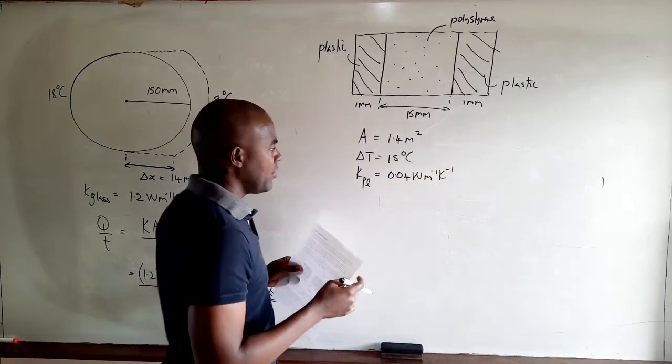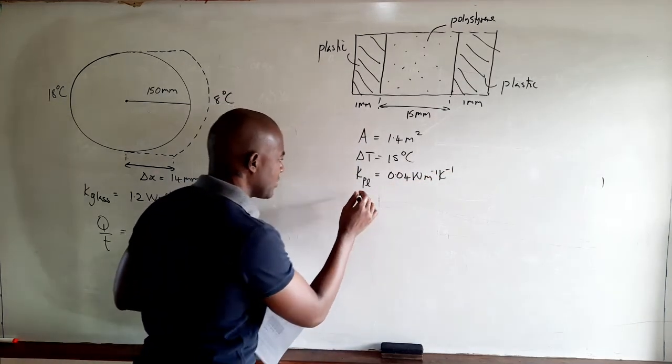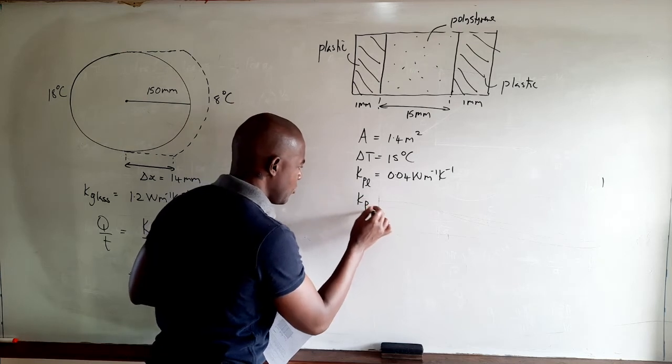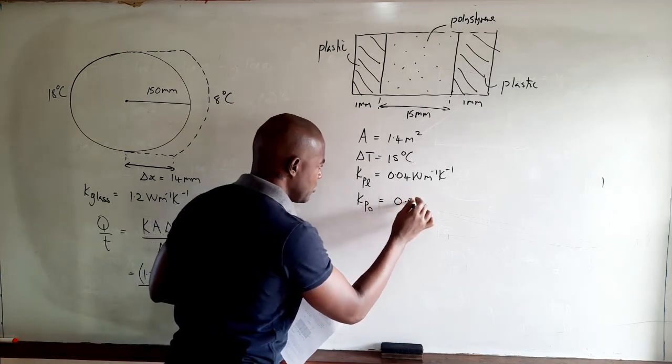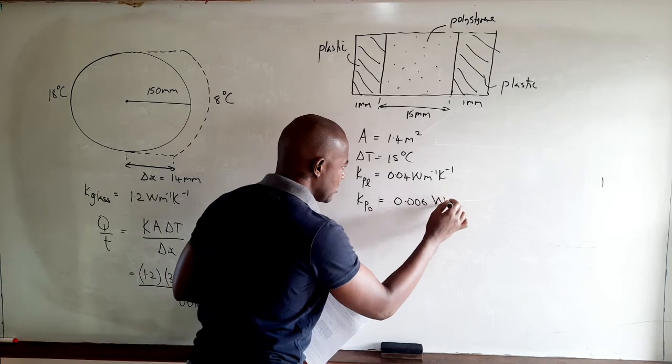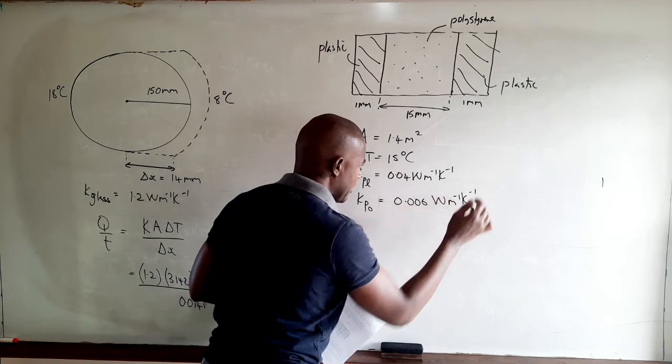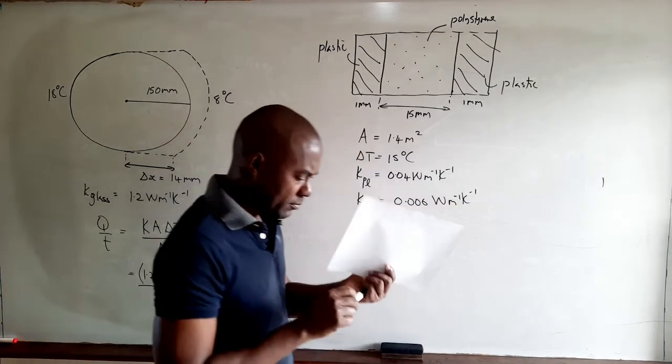And the thermal conductivity for polystyrene, which I'll write as K_PO, is equal to 0.006 watts per meter per Kelvin.